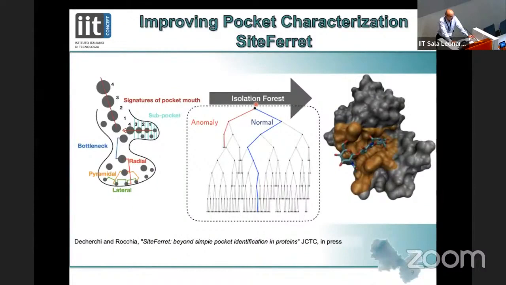And very recently, we also got a better characterization of potential binding sites by combining the NanoShaper surface building tool with some machine learning, in order to get a better estimate of which putative pocket could be ligandable or not.